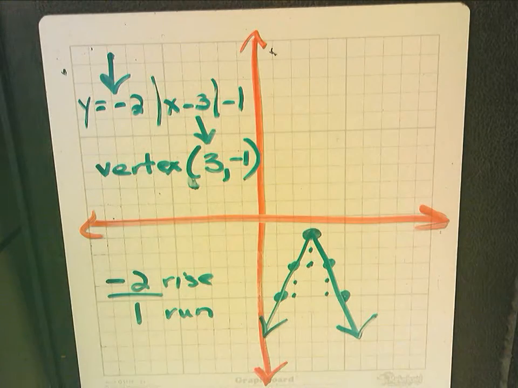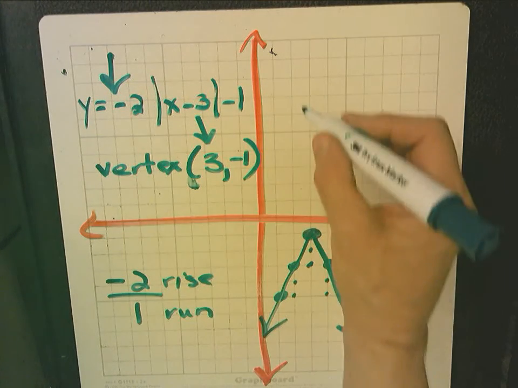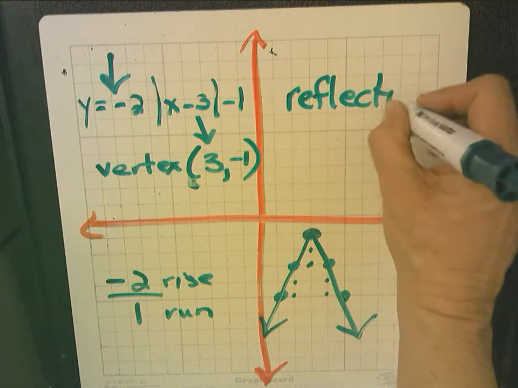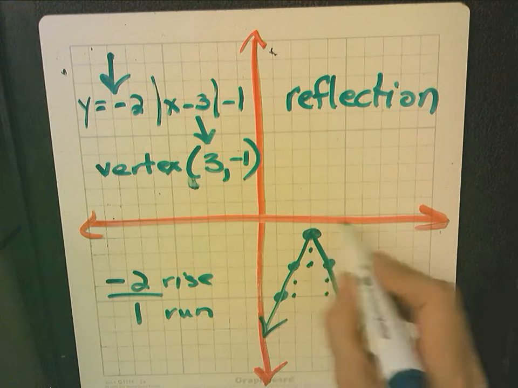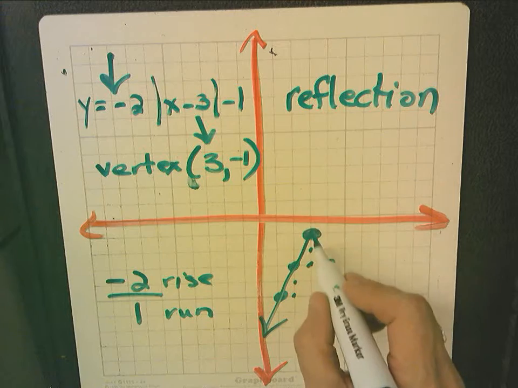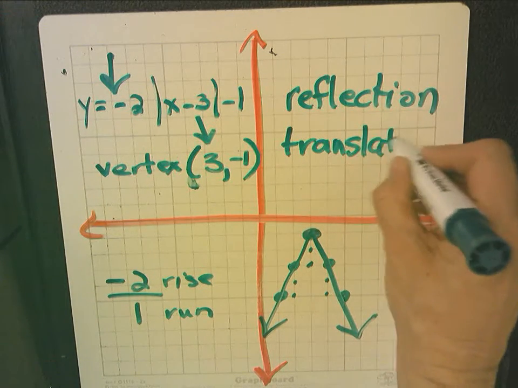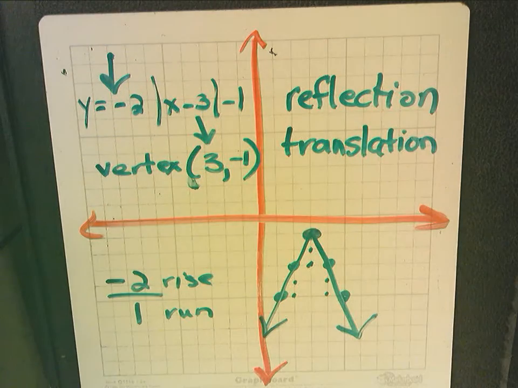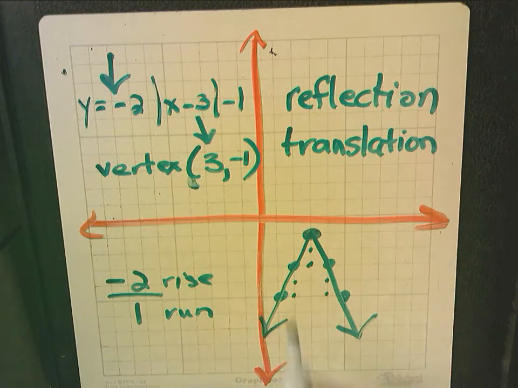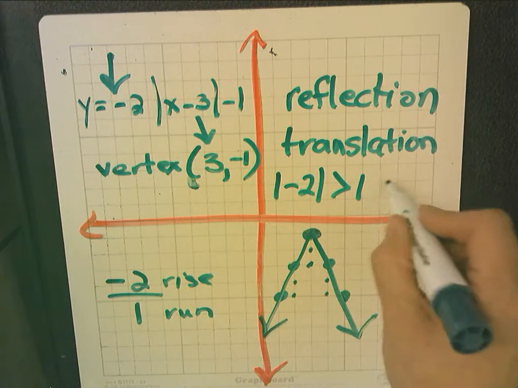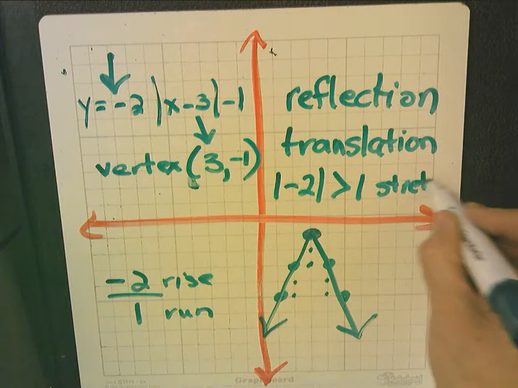As far as the types of transformations, because the 2 is negative, this is a reflection. Because my vertex moved 3 to the right, down 1, this is a translation. Whenever your vertex is not (0, 0), it's a translation. And because the absolute value of a is greater than 1, this is a vertical stretch.